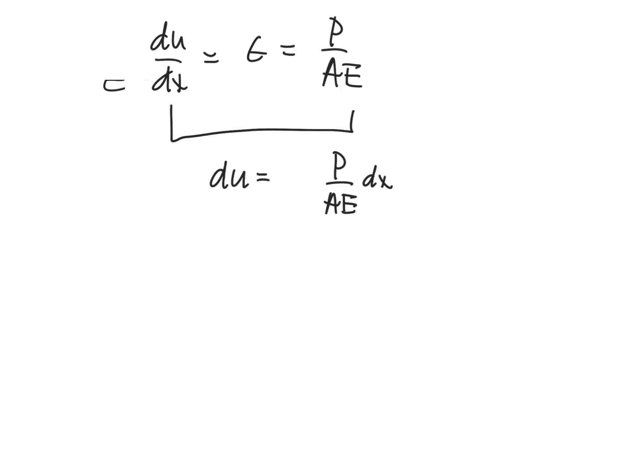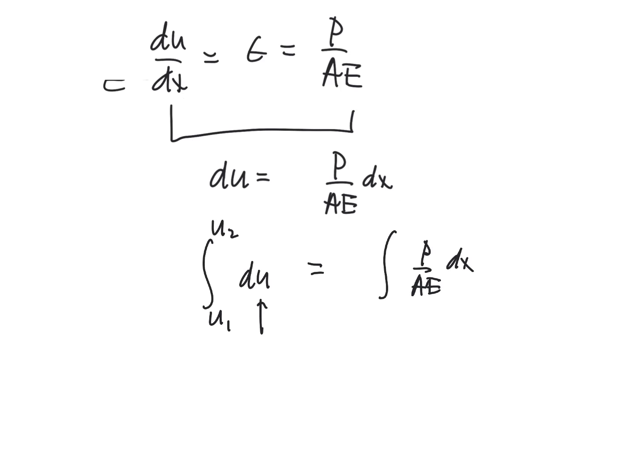So we're going to sum up all the little du's. And so we have the integral of du. Now remember, the limits of integration we have to put on our variable of integration. So that would be from some displacement 1 to some displacement 2. And then we have the integral of P over AE dx.